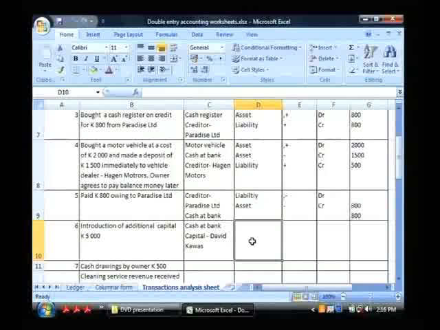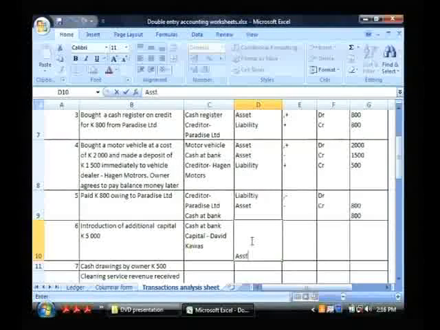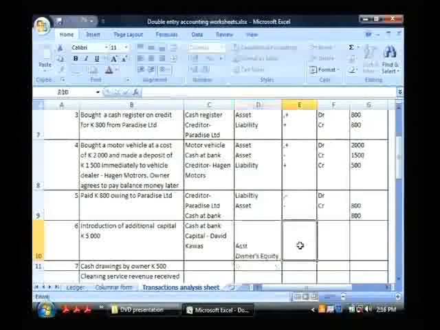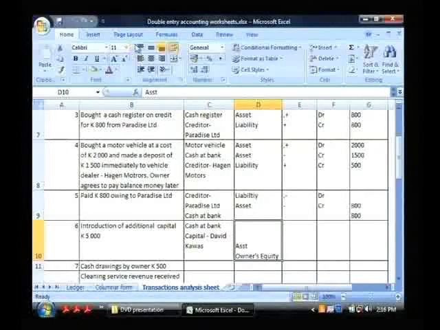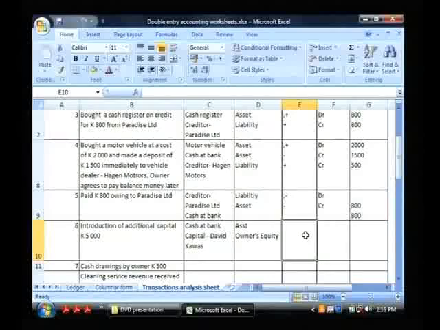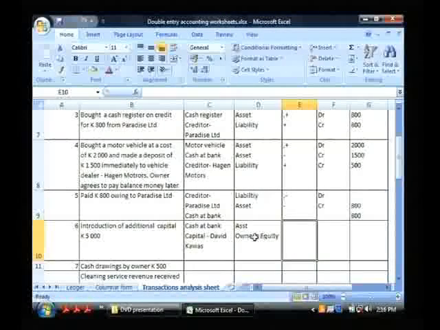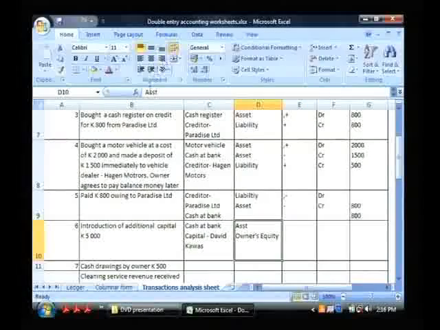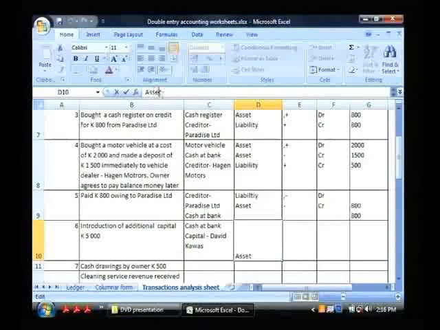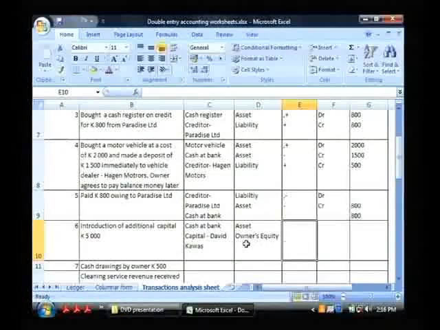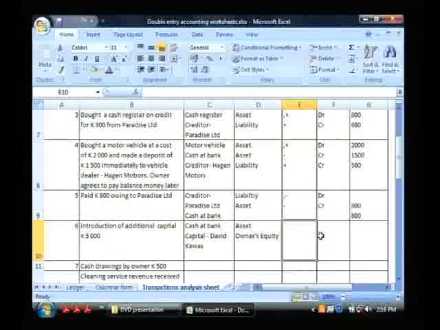Cash at bank, asset, capital, owner's equity, these are the two groups or elements of accounting equation. The elements are assets, liabilities, and the owner's equity.